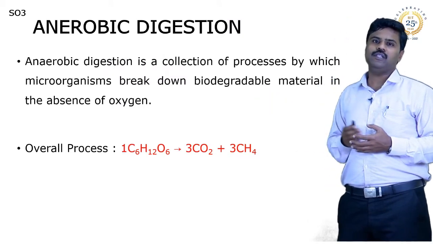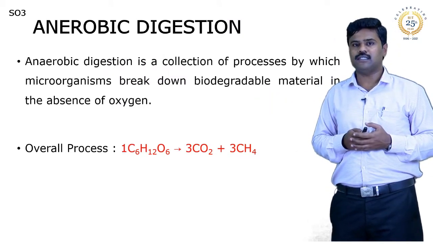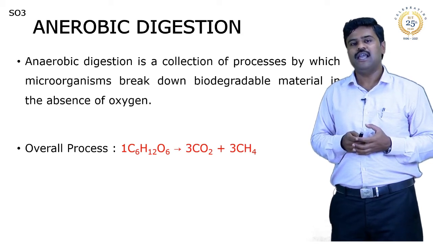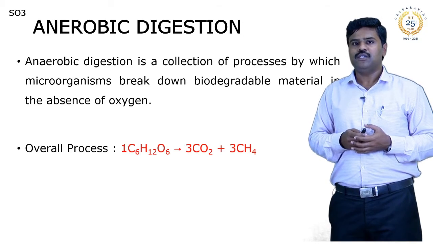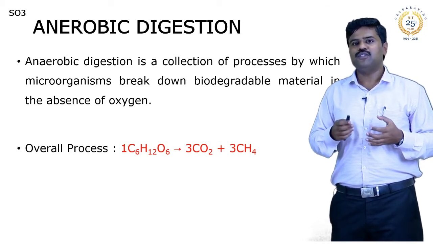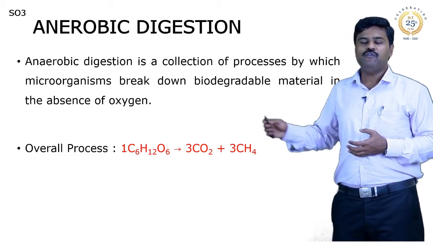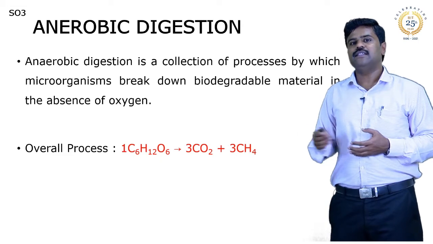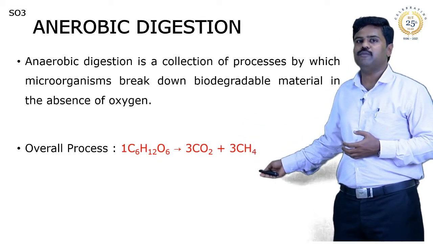Now we are going to see about the anaerobic digestion. Anaerobic digestion is not a single step process. It is a collection of steps involved in the conversion of organic waste into biogas. Microbes will act on the biodegradable materials in the absence of oxygen and convert it into biogas. If you put 1 mole of glucose, it is converted into 3 moles of carbon dioxide and 3 moles of methane.